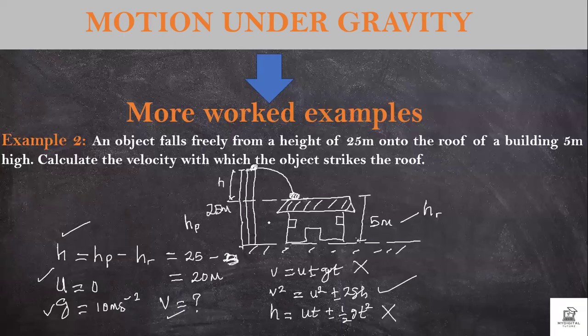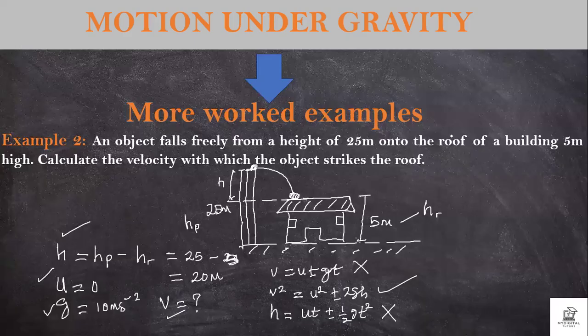Since the object is falling from a height down to the floor or to another platform, the appropriate sign to use is positive, because it's in the direction of acceleration due to gravity. So g will be positive. But if the object is projected upward, g will be negative.